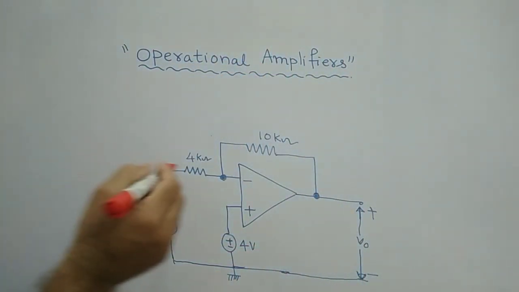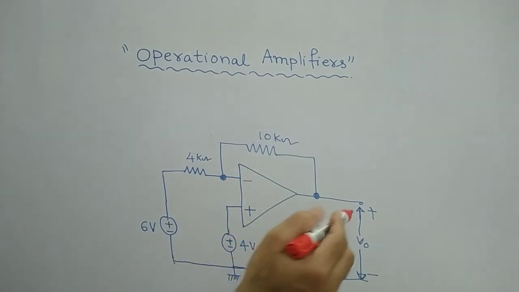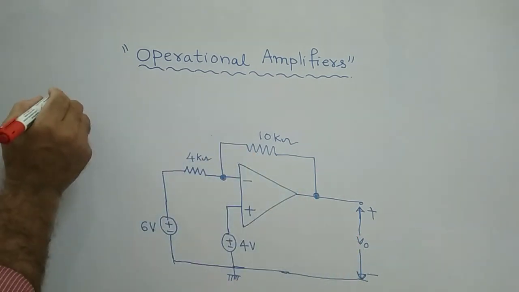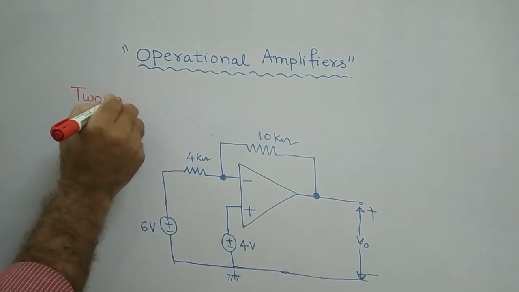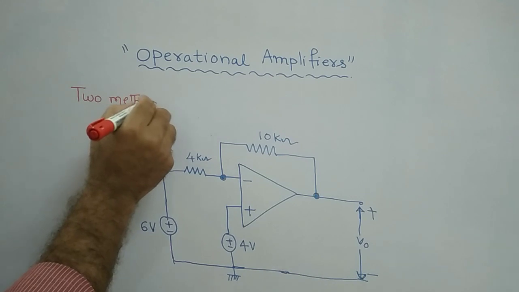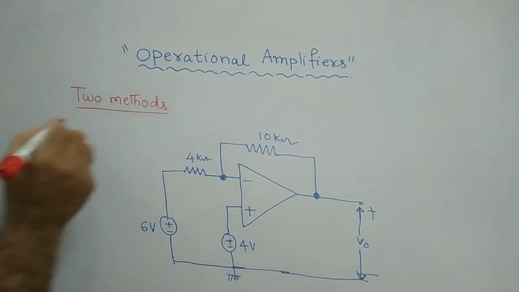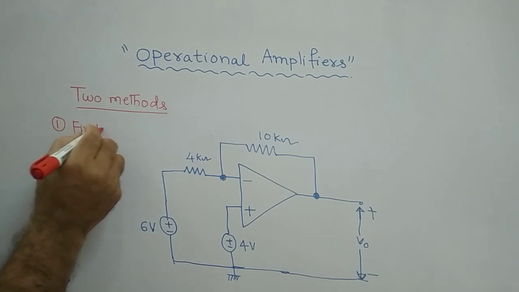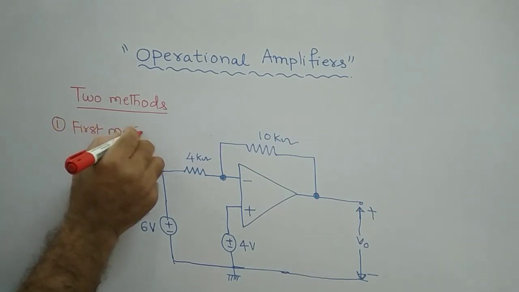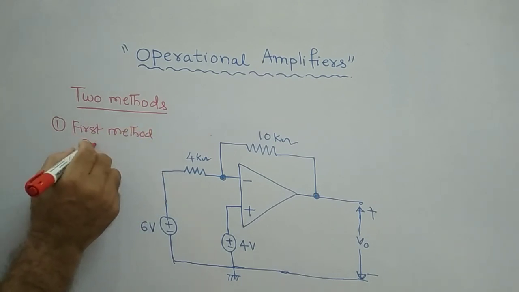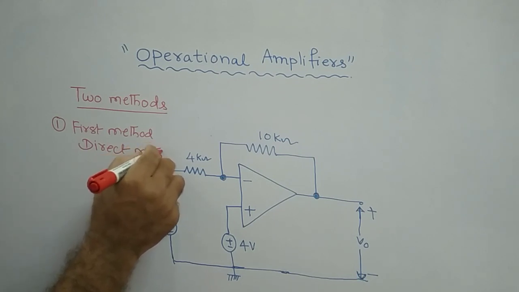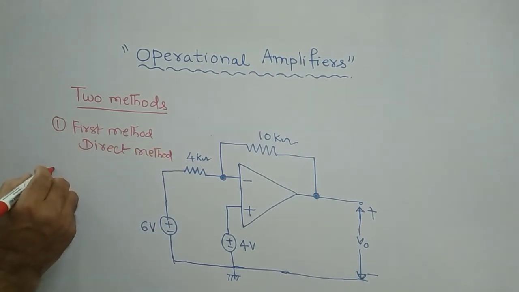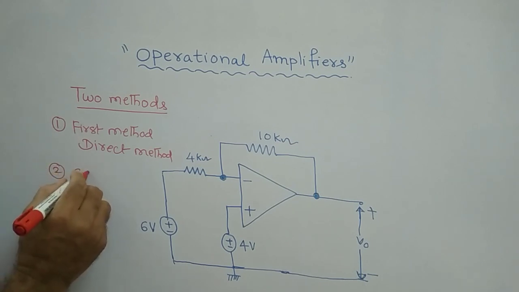In order to solve this circuit for finding V naught, there are two methods. The first is the direct method, and the second is the superposition method.